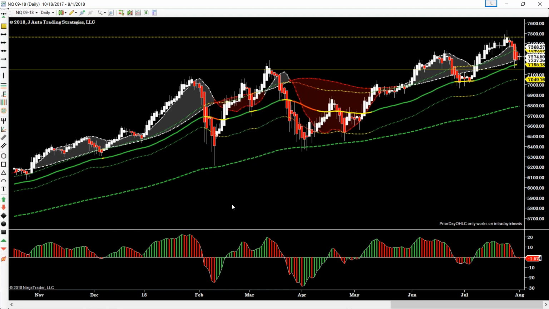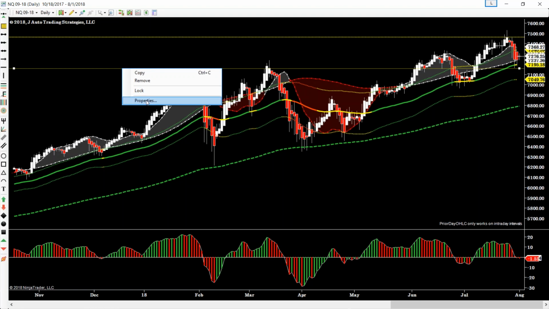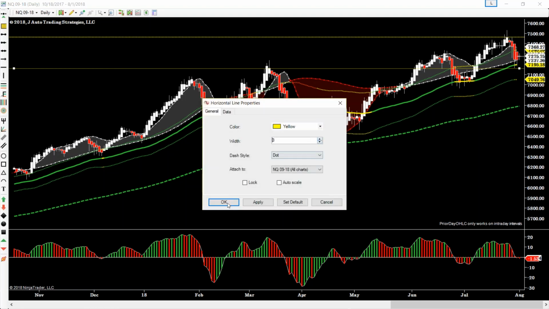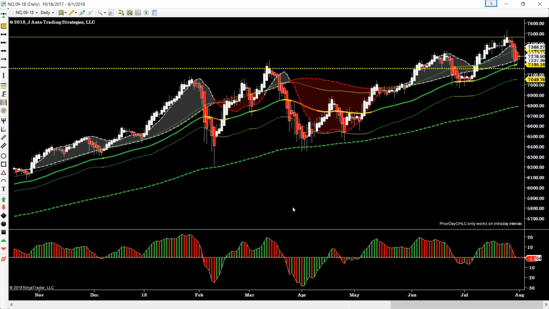I'm just picking this as a round number, not to be exact or anything, but somewhere around there it came right down to it. So we'll see if we can get this to hold. And it's sort of our line in the sand long above it.